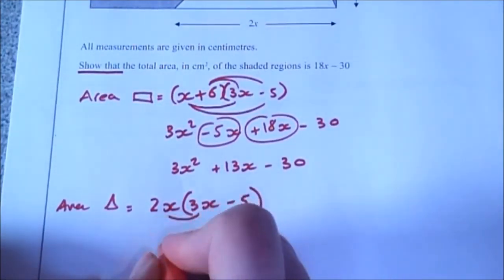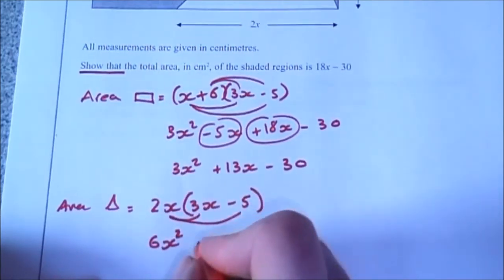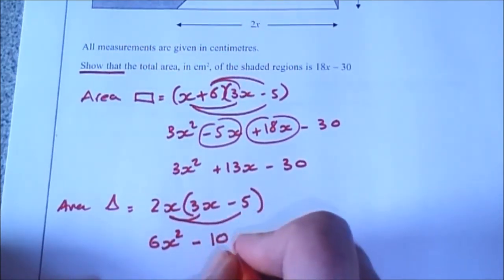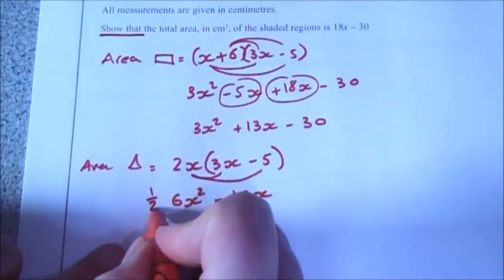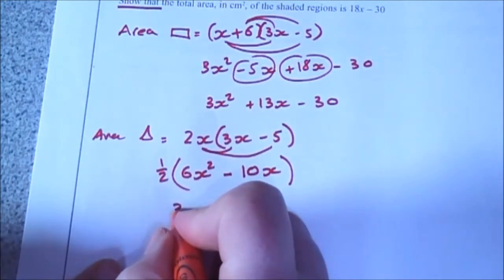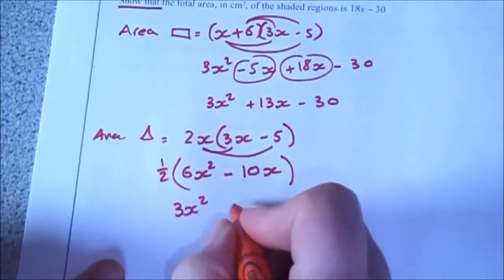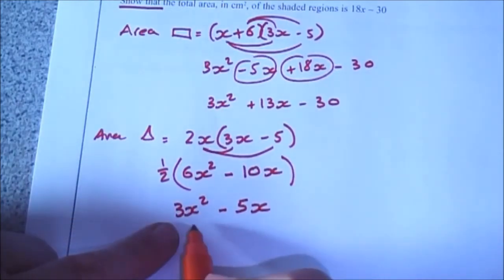So 2x times by 3x is 6x squared. 2x times by negative 5 is negative 10x. And I need to find half of that. So half of 6x squared is 3x squared. Half of negative 10x is negative 5x. So that's the area of my triangle.